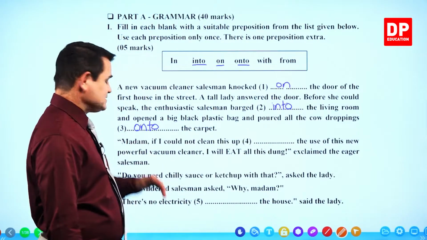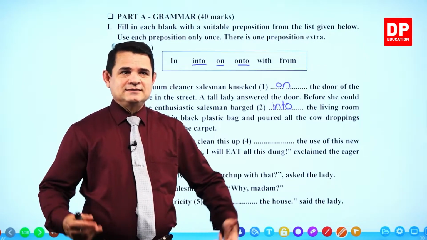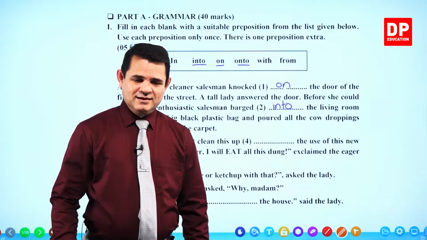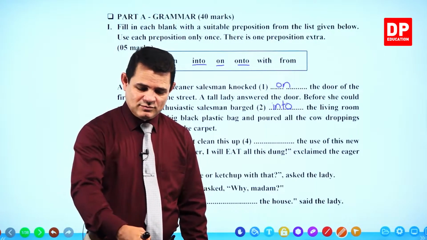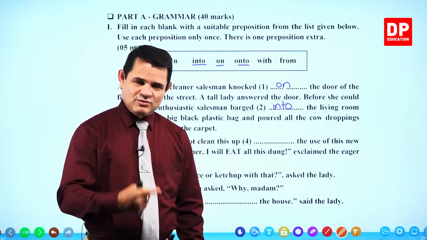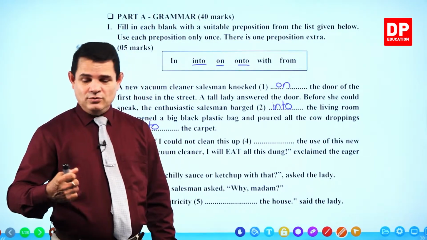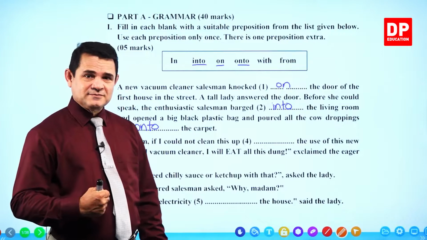Exclaimed the eager salesman. So that is the challenge, right? Carpet එක උඩට දාලා මට මේ ටික මේ vacuum cleaner එකෙන් ඔක්කොම සුද්ධ කරගන්න බැරි වුණොත් මම මේ ඔක්කොම කනවා කියලා challenge එකක් දීලා තියෙනවා, right? So that is to tell how good this vacuum cleaner is.